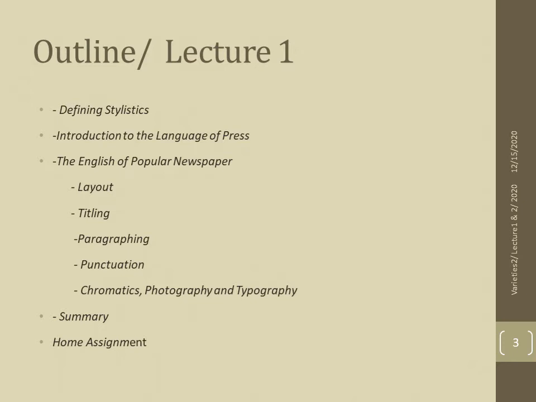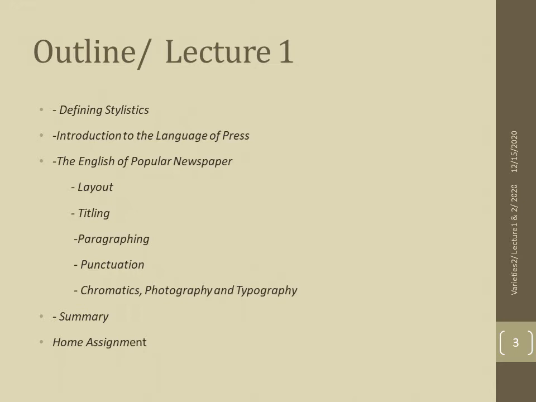So as shown in this slide, this is the outline of lecture 1. First of all, we're going to define stylistics. I already know that you have a prior background about what stylistics is, but it's good to refresh your mind about the basic notions of stylistics.